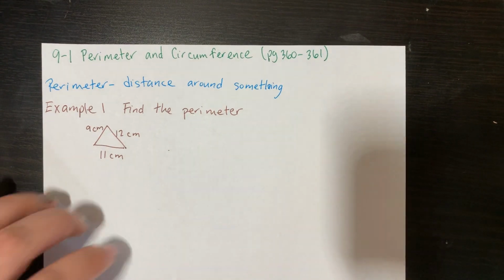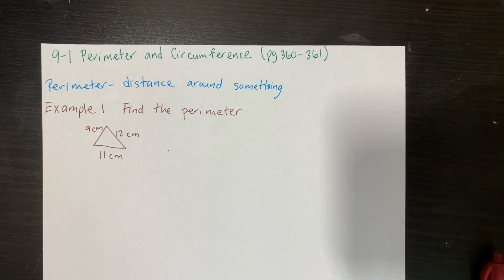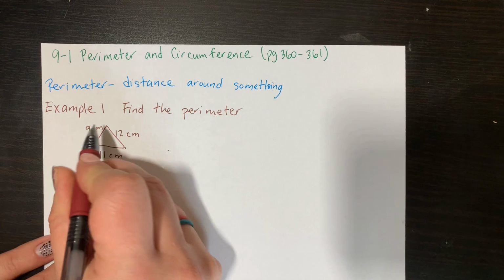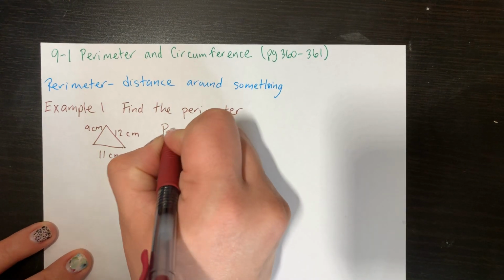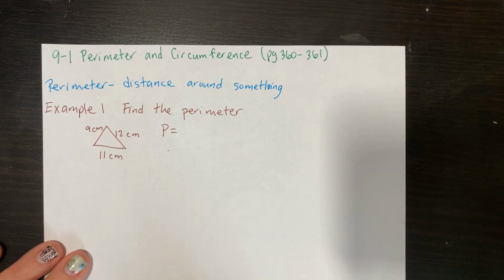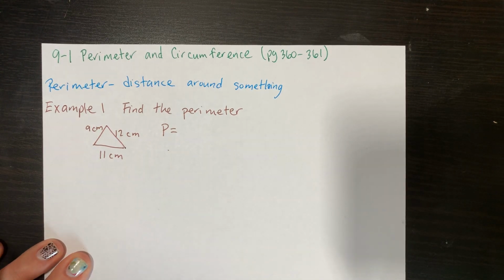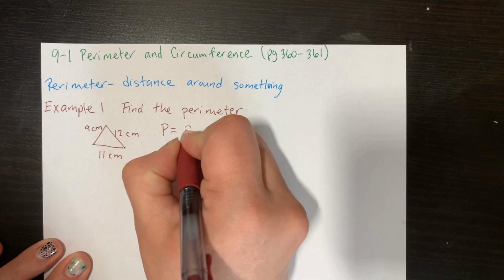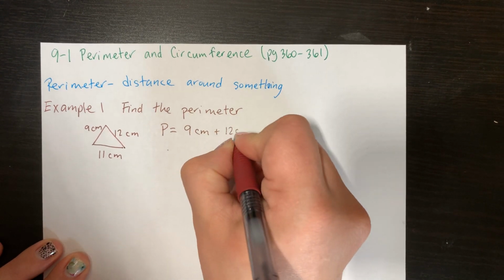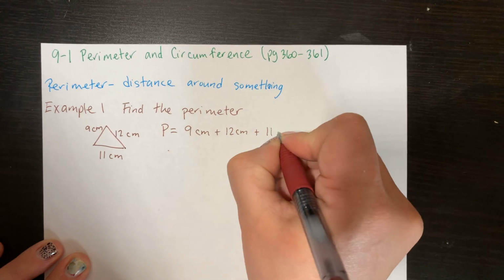Okay. So in order to solve this problem, what we would do is we would add up all of our sides. P is the usual symbol to represent perimeter. So we're going to say 9 centimeters plus 12 centimeters plus 11 centimeters.